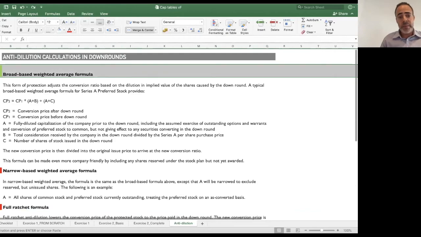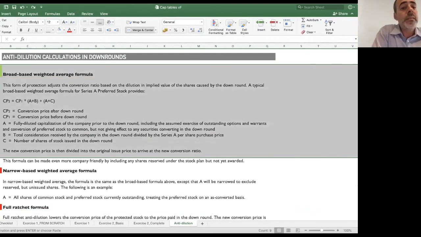I'm not gonna get into the dynamics and mechanics of this. I personally very infrequently had to calculate these numbers, but I do make sure that in every term sheet I negotiate, I go for the broad-based weighted average formula, okay? And I think so should you, if you can. And I'll leave it at that because we are already over time.